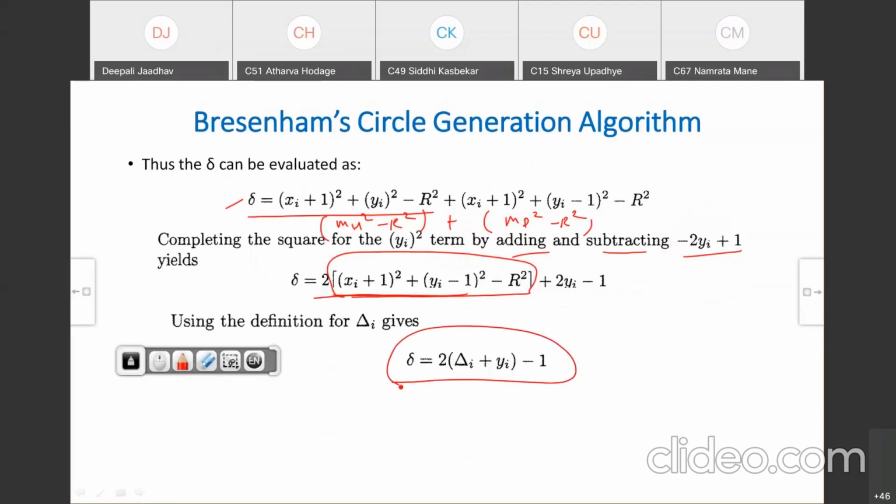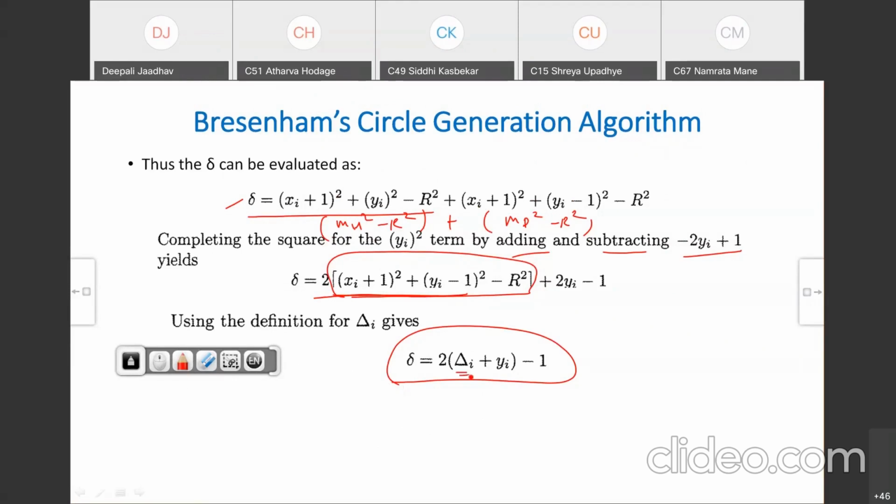That is a simple way to evaluate the delta. It is the actual equation, but simplified here. Why? Because previously we calculated the value of uppercase delta I, and putting that value here, we can directly calculate the value of delta.